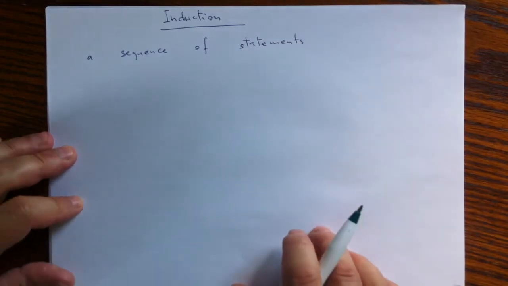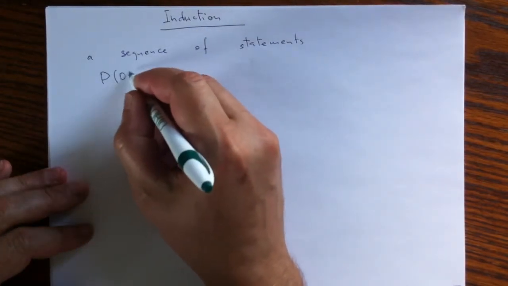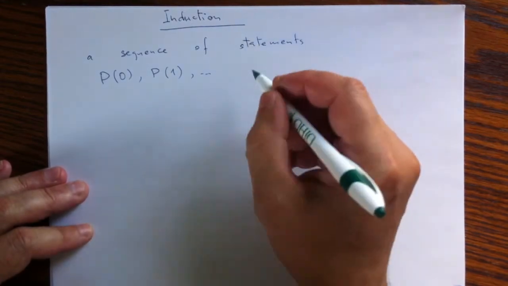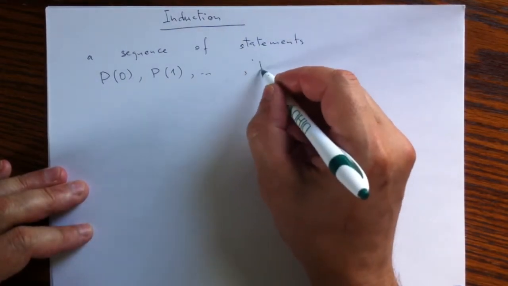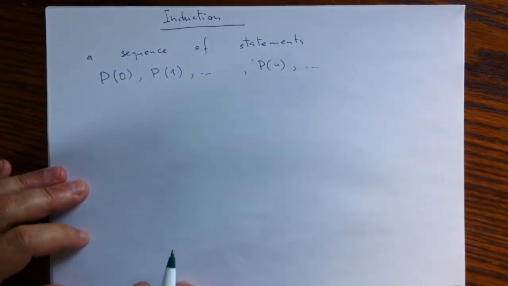Could be some equations, could be some other form of statements. The key point is that they come labeled by natural numbers. So somewhere here's statement number n, and then it goes forever.